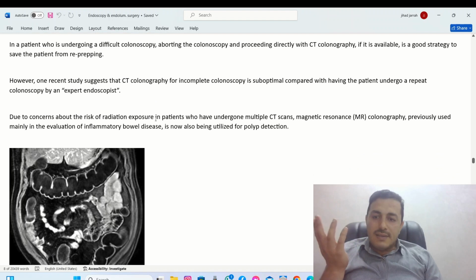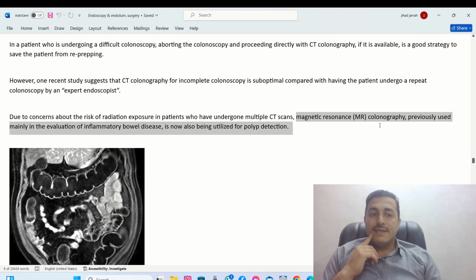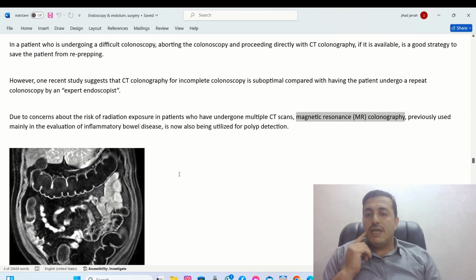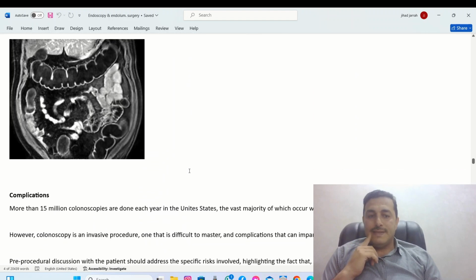Okay, in some cases, especially in inflammatory bowel disease, we can proceed to MR colonography. It is preferred, especially in patients with inflammatory bowel disease.